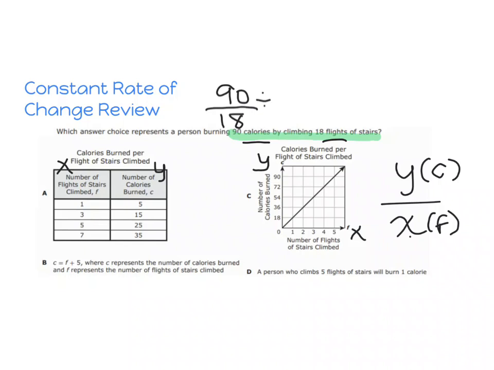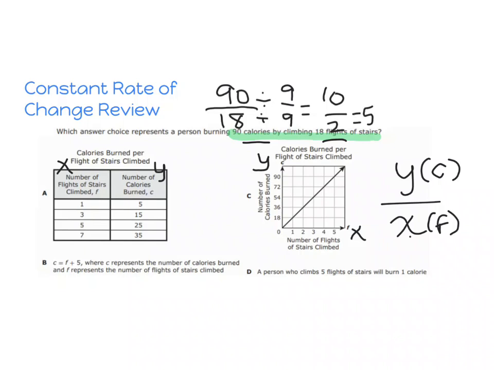And so I can just simplify this. It might help me out a little bit. So I know they're both going to be divisible by 9. Okay, so that's 10, right? 90 divided by 9, 18 divided by 9 is 2. Oh, look at that. And I know that 10 divided by 2 is 5.